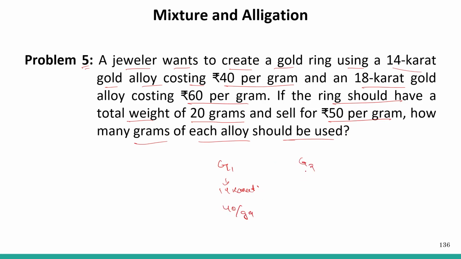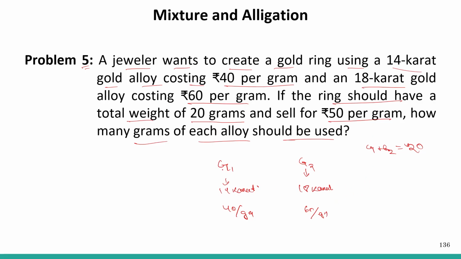And we have G2, the gold of type 2, that is 18 karat gold, and it costs 60 per gram. We want to make the ring using these two. The total weight must be 20, so G1 plus G2 must be equal to 20. And it sells for 50 per gram.